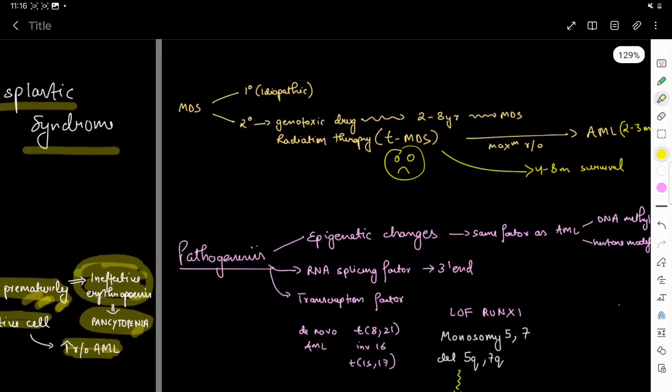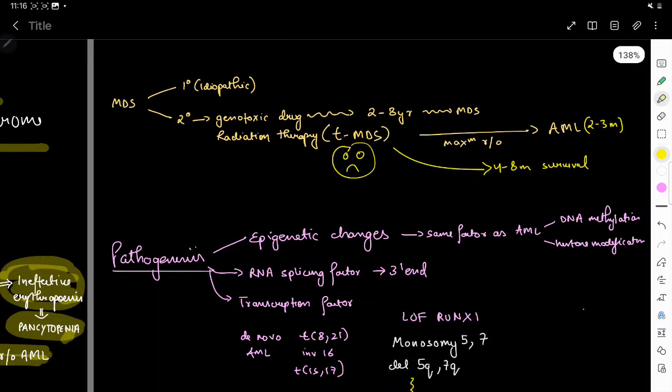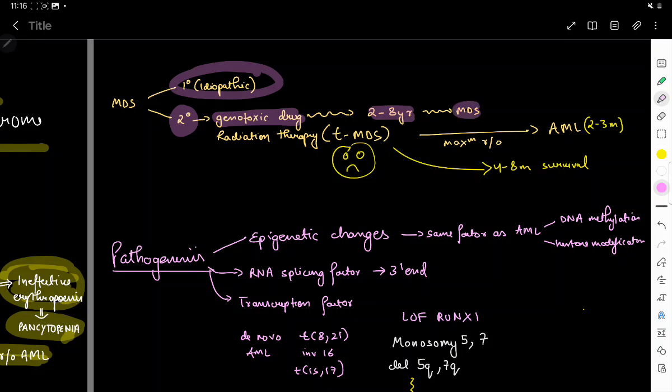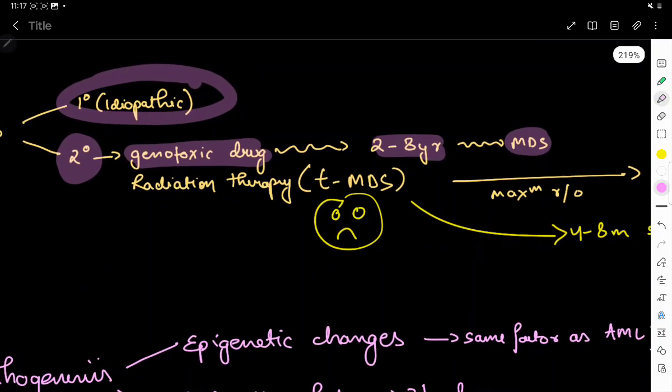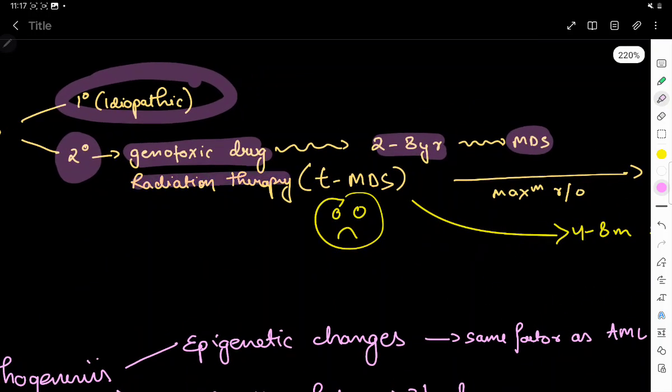Let's try to understand two kinds of MDS now. The primary one is the idiopathic condition, okay, but the secondary one occurs following a genotoxic drug, and after around 2 to 8 years we develop MDS. What we are really worried about is the radiation therapy induced MDS, that is t-MDS. It has a really very bad prognosis.